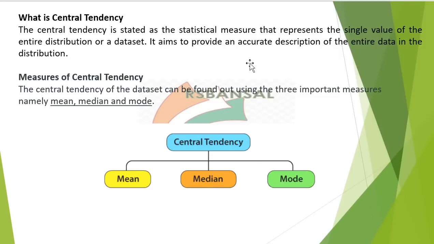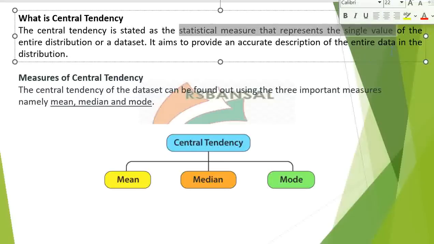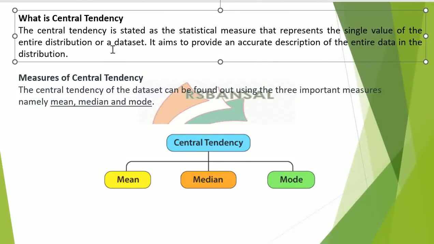Then you have to study central tendency. So what is central tendency in statistics? Central tendency is stated as statistical measures that represent a single value of the whole data set.